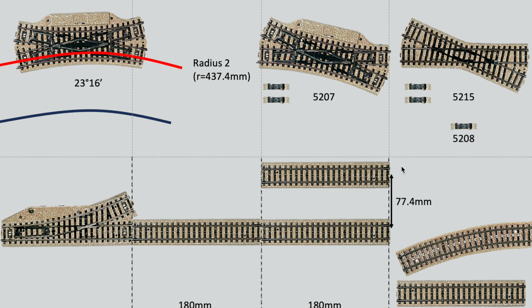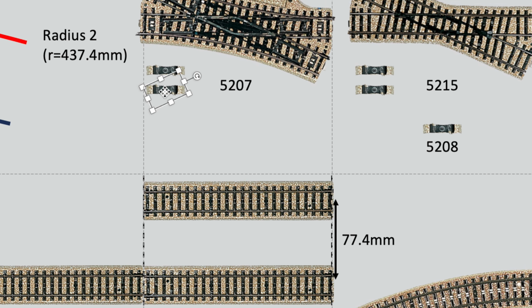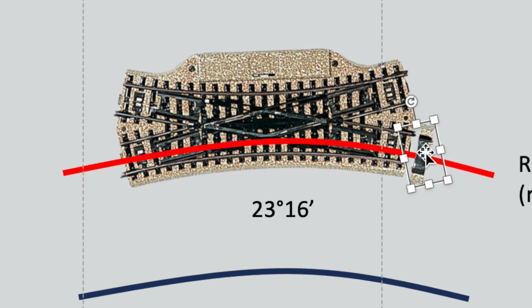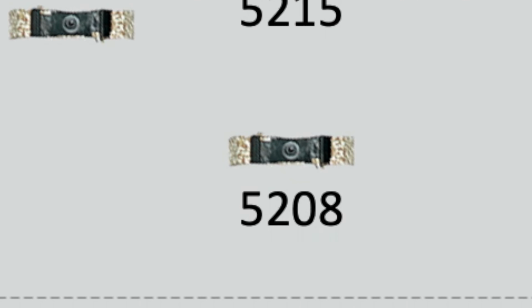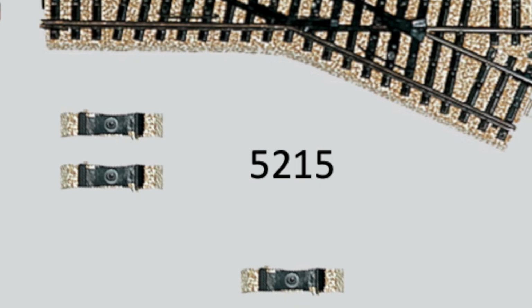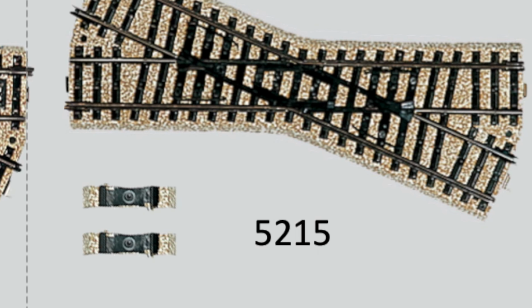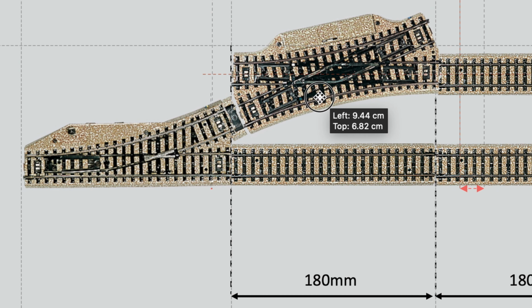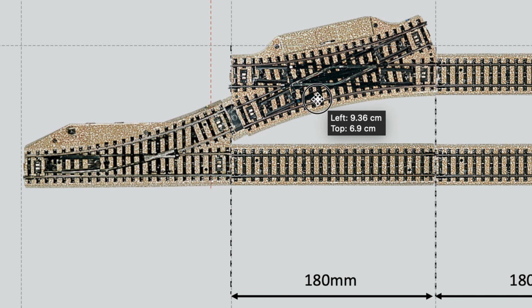To make up for the difference, a compensation bit was designed in the form of the 5208 compensation bit. It is for this reason that the 5207 and the 5215 crossings were sold bundled with a pair of 5208 sections. This works perfectly in real life.